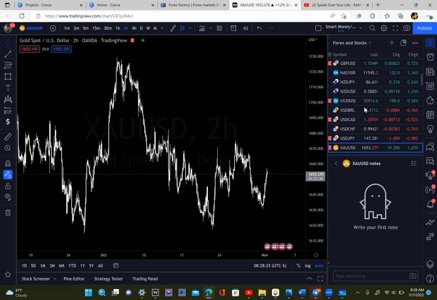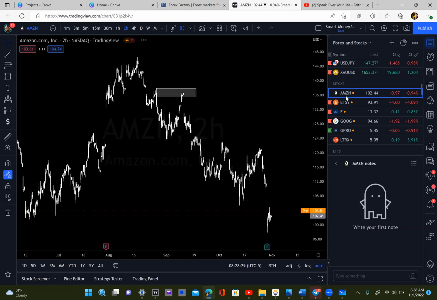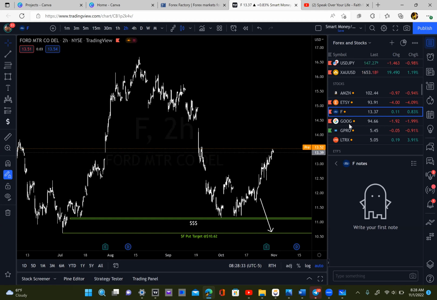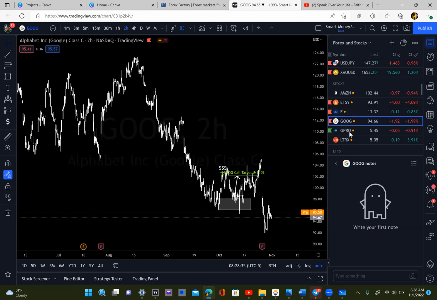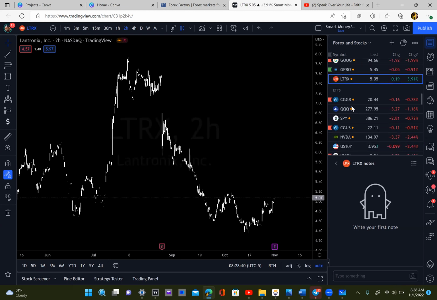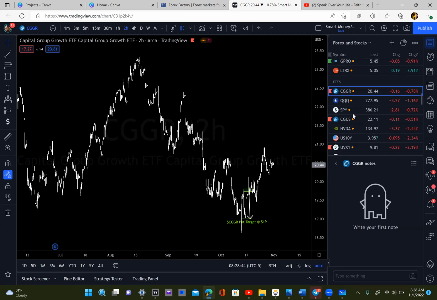JPY and gold. All right. And seeing on the stock market side, I haven't been doing too much with the stocks lately. Google, GoPro. I miss a lot of good ones. A lot of good ones. I missed earnings on, I think it was Ford or Google.